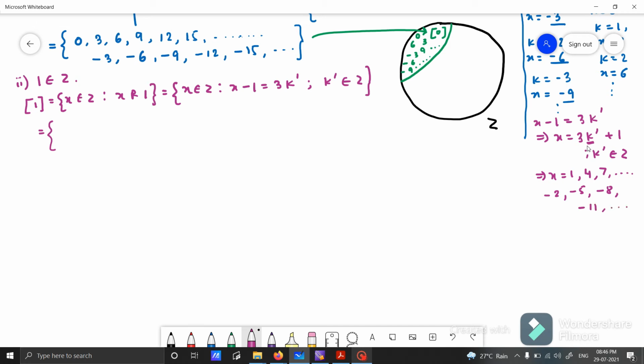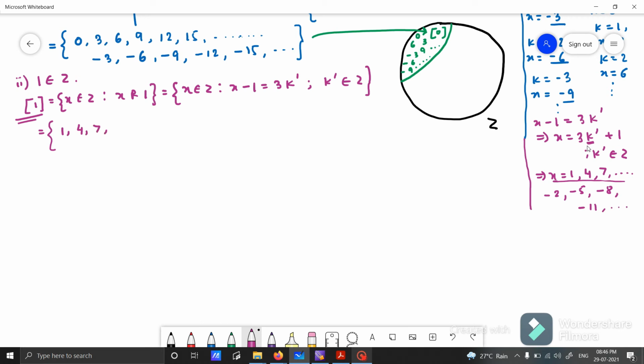So here is the total list of all those integers that will belong to the equivalence class 1. So just let's write them down. So the positive values are all here: 1, 4, 7 and so on. So 1, 4, 7, and then you just go on adding 3.